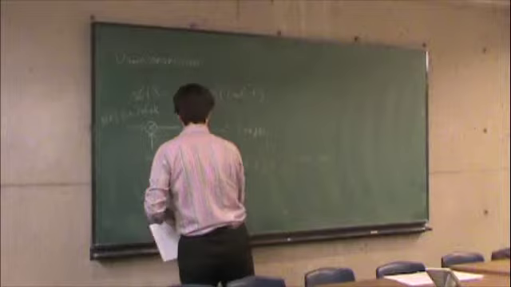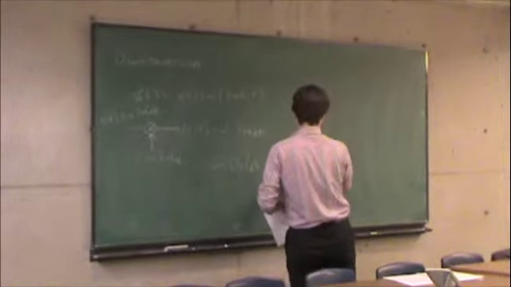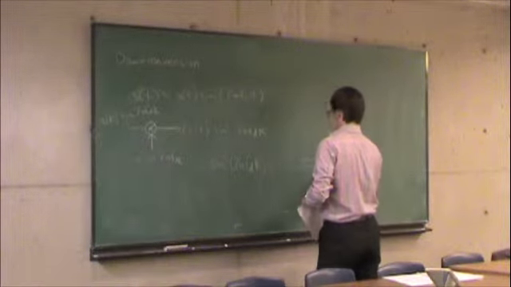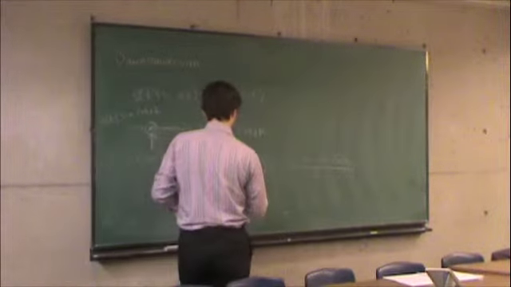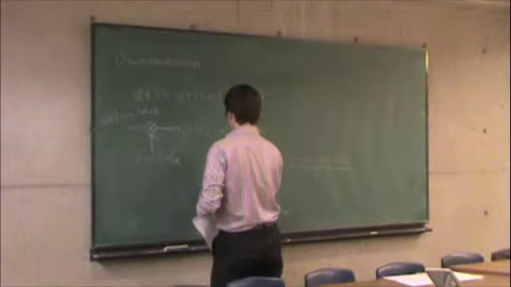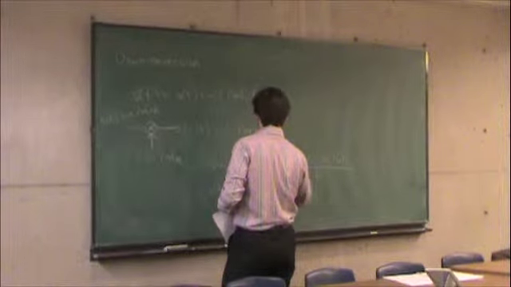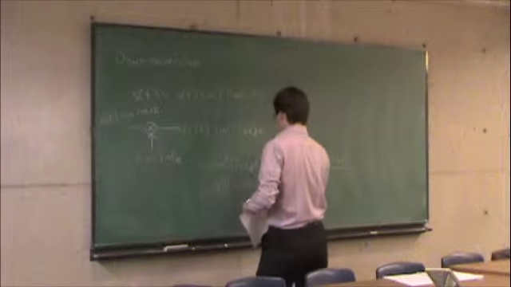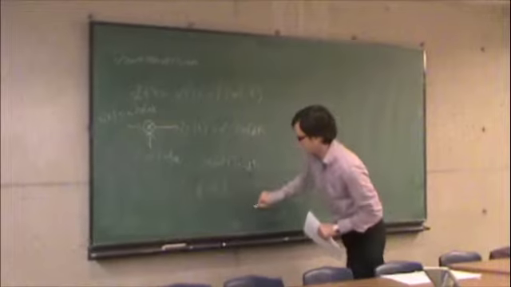Just doing the identity by itself, sine squared 2 pi f d k is 1 minus cos 2 pi 2 f d k divided by 2. And what I end up with is 2 S of k times 1 minus cos 2 pi 2 f d k divided by 2, where the 2 cancels with this 2.